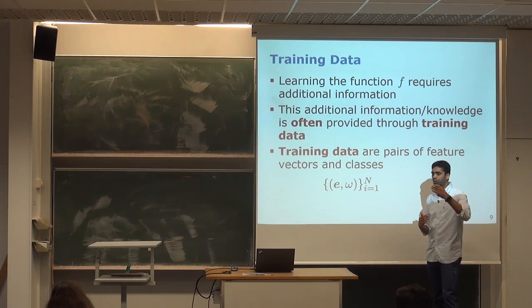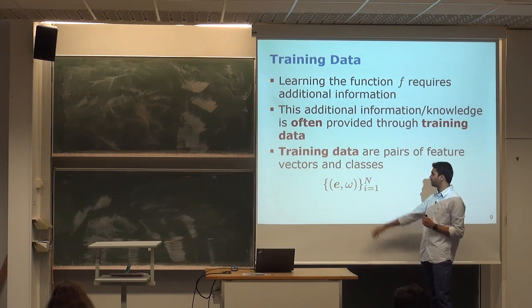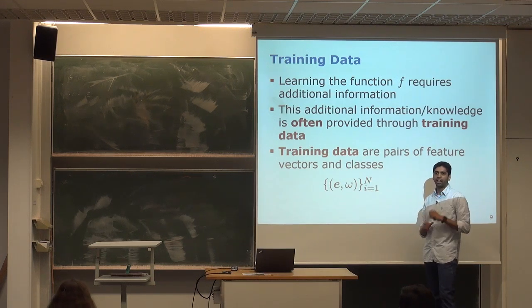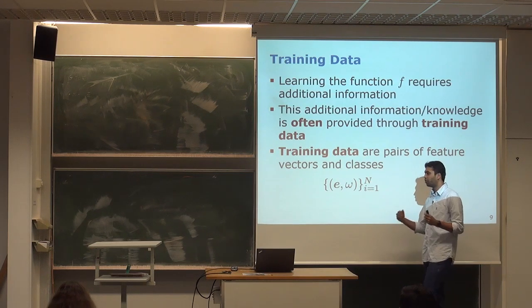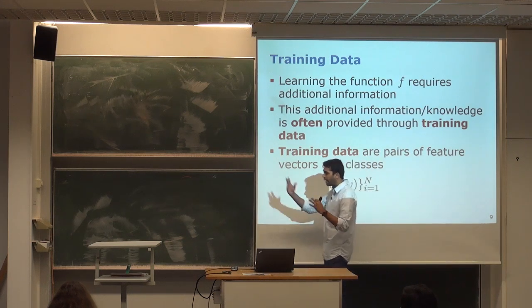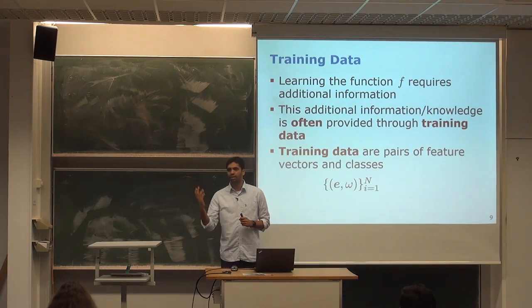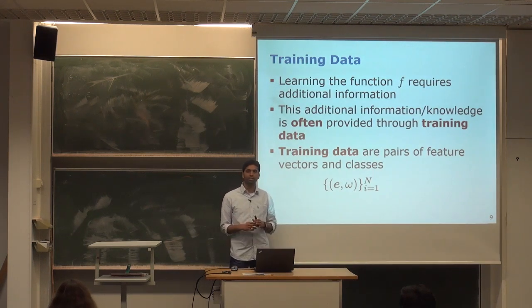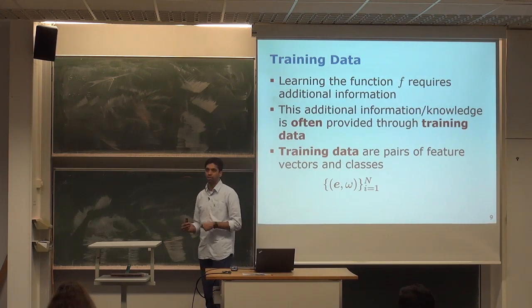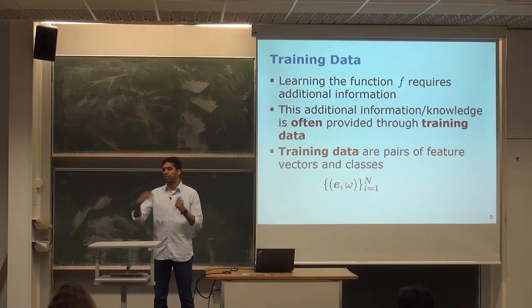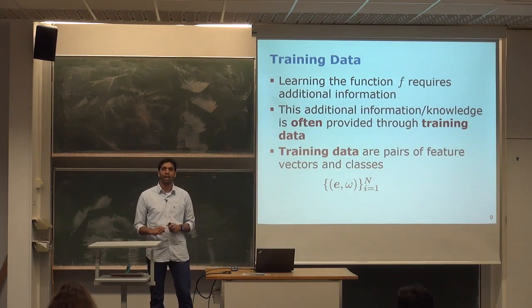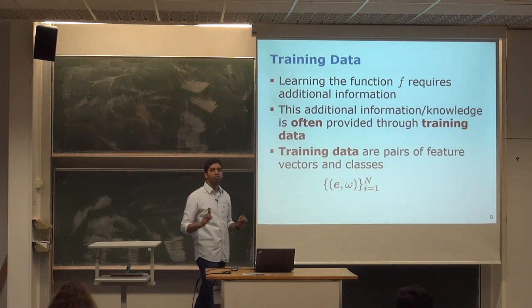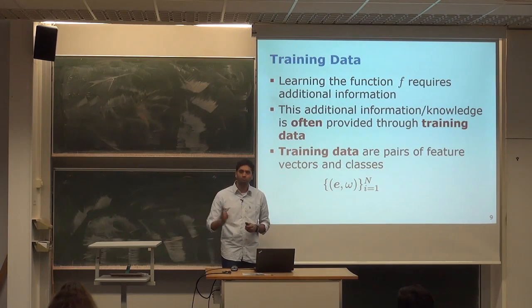What you do basically is collect lots of this data, in this case n data points. If you want to classify k different classes, you should collect data from k different classes and collect many examples of each. The idea is that the larger the number of examples you have, the more you can generalize how a particular object looks.